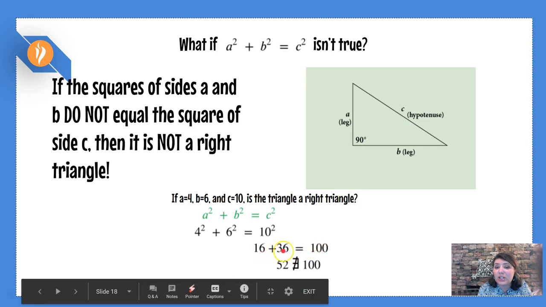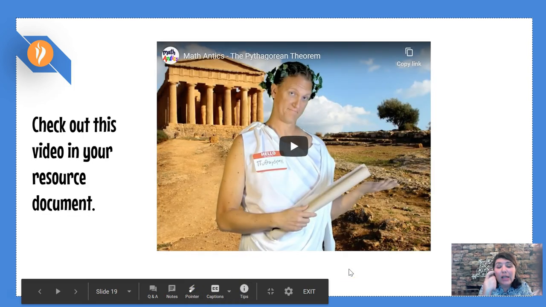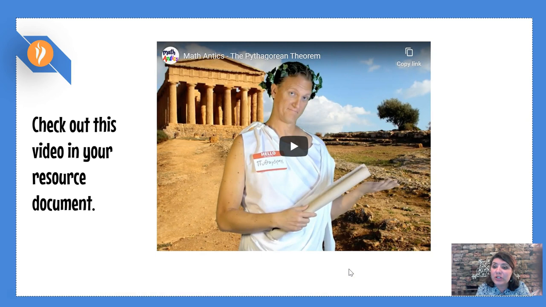Well, 16 plus 36 is 52, equals 100. Does it? No, it doesn't. So if these were my side lengths, then it cannot be a right triangle because the Pythagorean theorem is not true in this case.